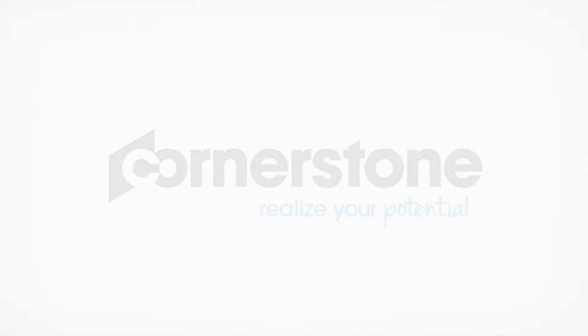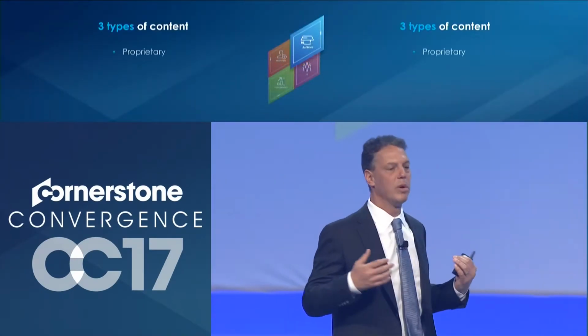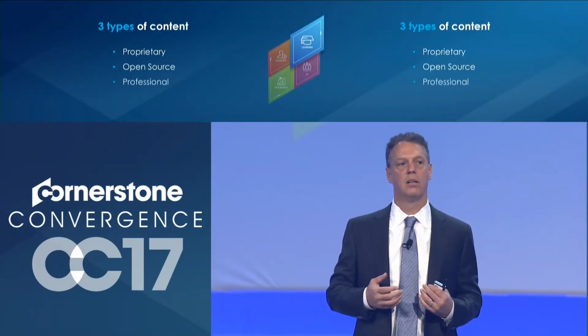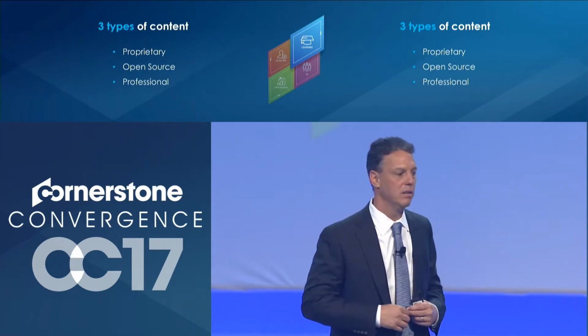So I agree that AI is a very important component of what else we need. But the other thing we need to really provide a holistic solution is to deal with the content itself. What about the content? Well, there's really three kinds of content out there. There's proprietary content. This is the content that you create.